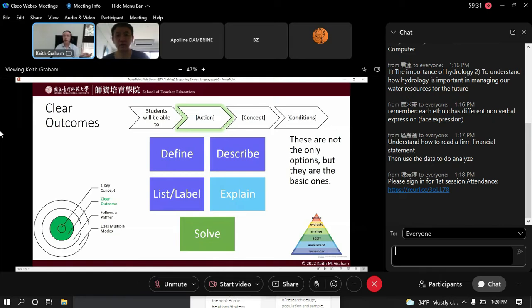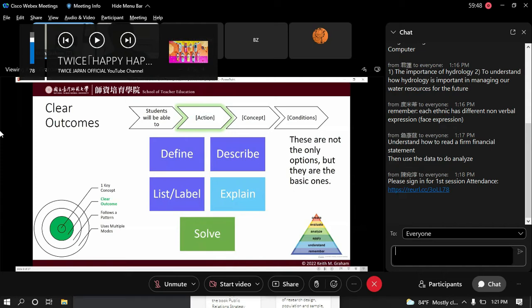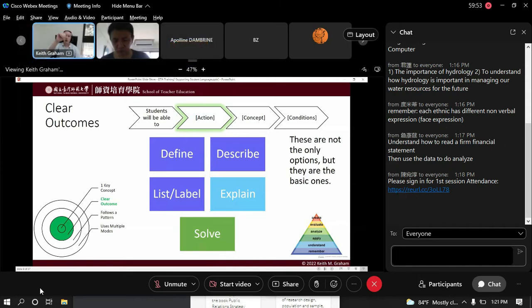Some of you are going to have to do list and labeling, particularly if you work in the sciences, where maybe you have some type of diagram and it shows the way that a system works, and students should be able to label or list the parts of that system. So these four verbs fall under remember, when we want students to remember. And hopefully you can see whether these verbs connect to your topic or not.